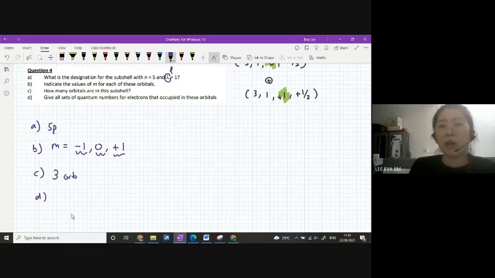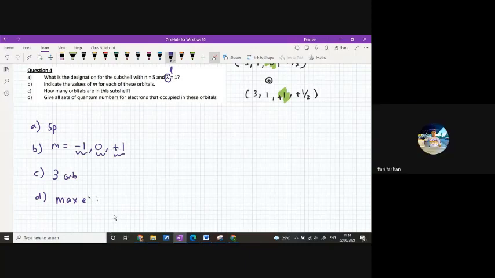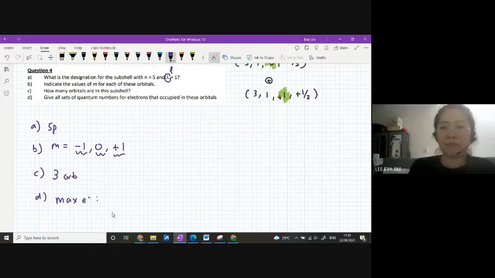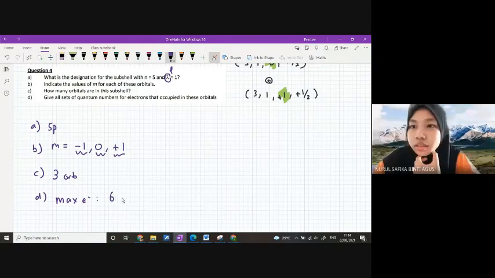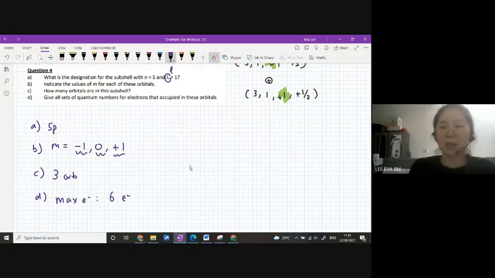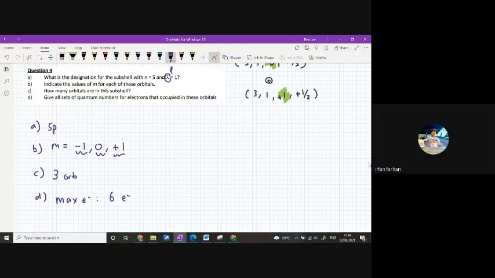Okay, so now I want to ask, in 5p orbital, what is the maximum number of electron? 6. Agree? Maximum is 6 electrons. So how many sets of quantum numbers do you have? 3.